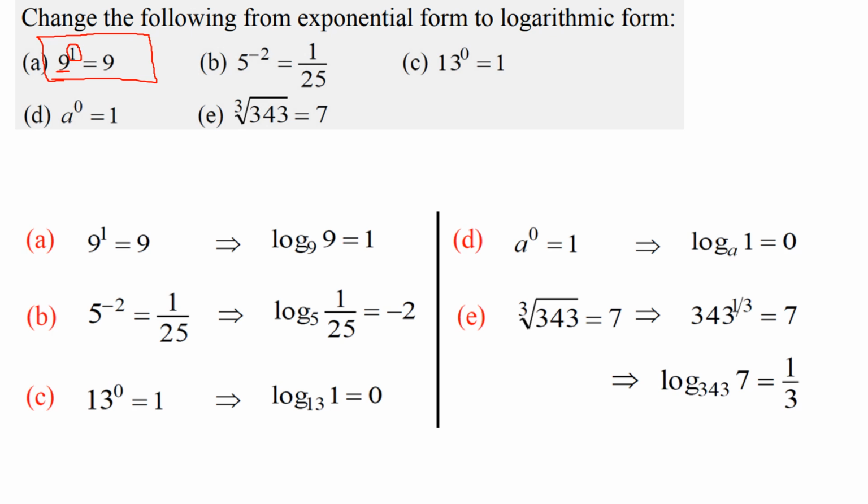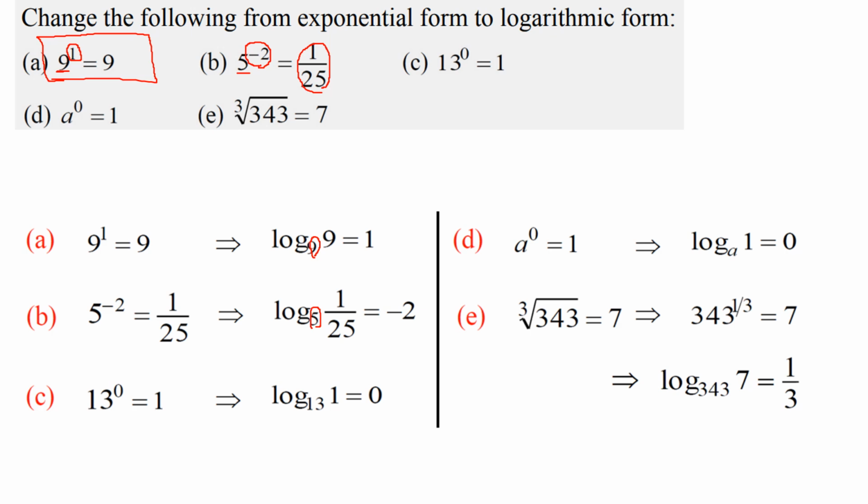I will explain with the second question. Here 5 is the base and negative 2 is the power. So we always start with the power, negative 2. Negative 2 equals log of the value, and the base is 5. Please write the value inside the log, and the base is normally kept little down, not on the same line.